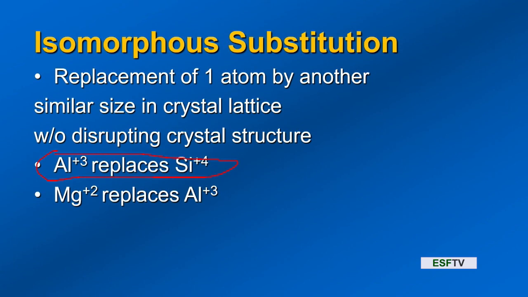We have a difference of 1 charge. So if this plus 3 replaces a plus 4, all of a sudden there's a minus 1, and that's going to be expressed at the surface. The same thing happens in the octahedral layer: magnesium can replace alumina. So the first case is in the silica tetrahedral sheet, the silica layer.